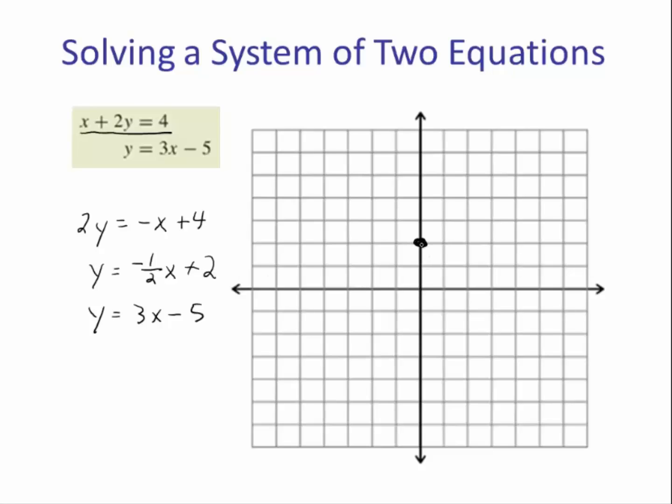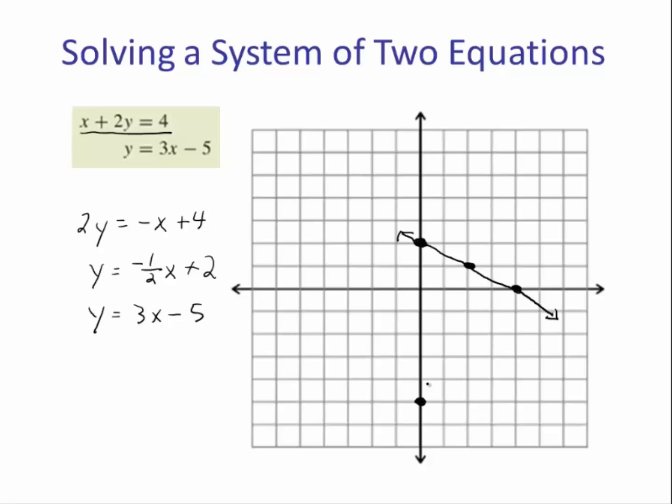To graph the first, we go to a positive 2. That's the y-intercept. And we have a slope of negative 1/2. So I rise a negative 1 and run 2. Down 1, over 1, 2. Put our arrows. For the second equation, the y-intercept is negative 5, and our slope is a positive 3.